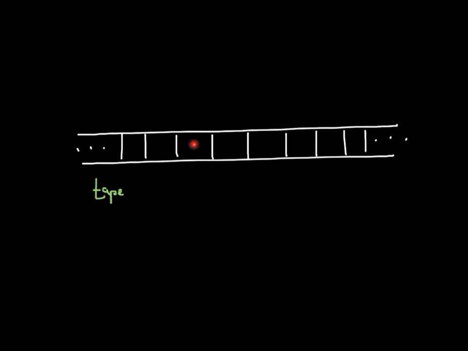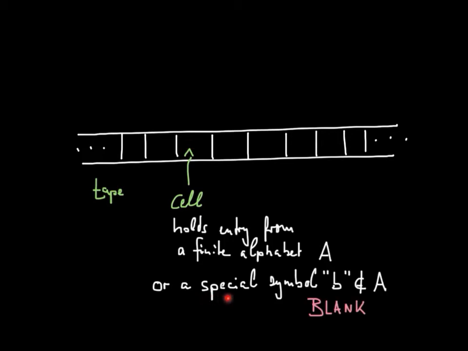The tape itself is divided into infinitely many cells, and these cells can hold entries from a finite alphabet, or a special symbol B that is assumed not to be in the alphabet A, that symbolizes the blank symbol, just saying that there's nothing stored in that cell. So if, for example, we assume that our alphabet is binary, as usual, with the symbols 0 and 1, then the cells can contain either 0, 1, or a blank symbol.